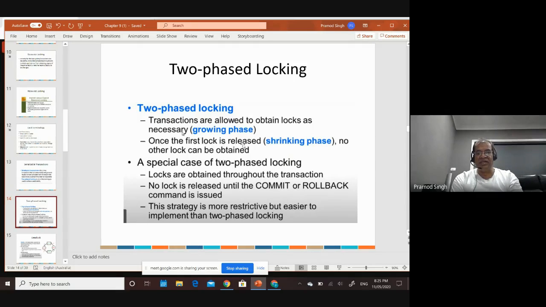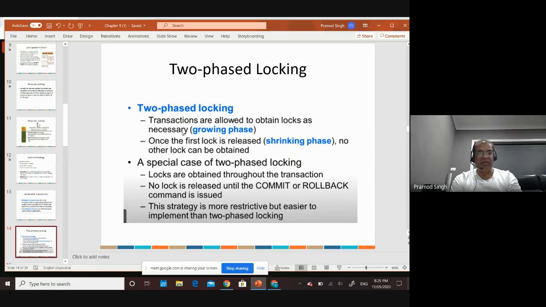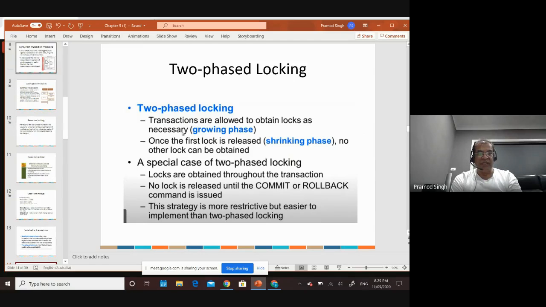Once the first lock is released, in the case that transaction T1 released A, it should not be able to lock any other record. So it means when it releases A, T2 can start processing. But when T2 starts processing, certainly T2 can acquire A, but T2 can't acquire B. However, T2 is required to acquire A and B both to complete its transaction.